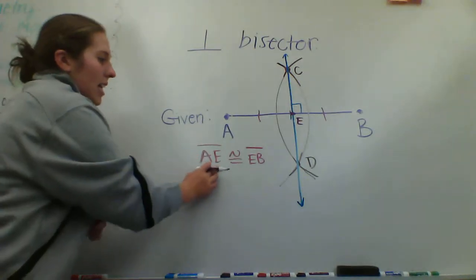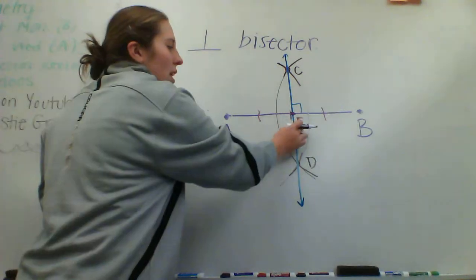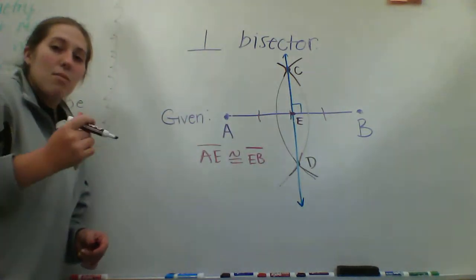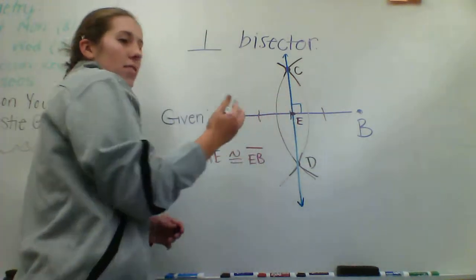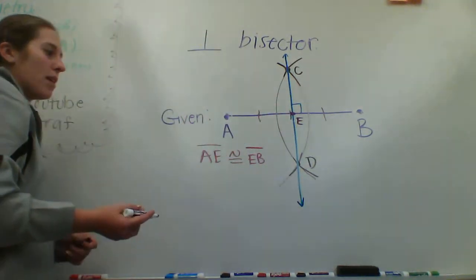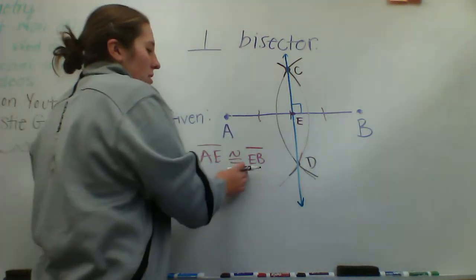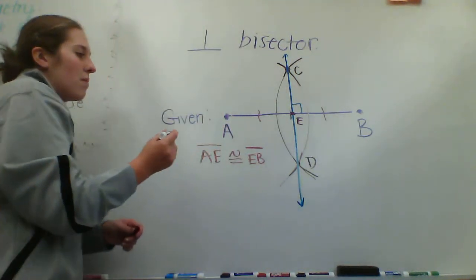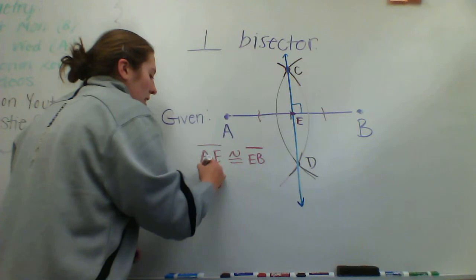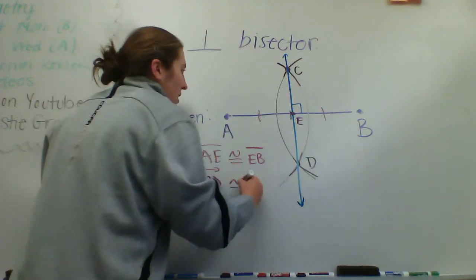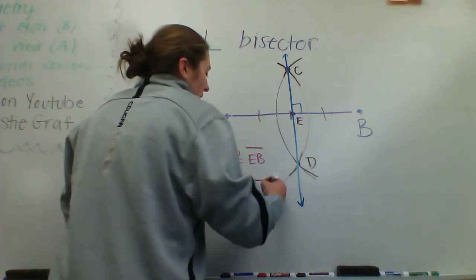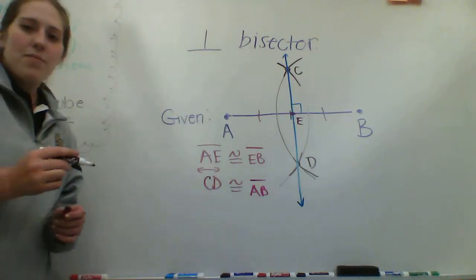And since AE is congruent to EB, we know this point E is the midpoint because the midpoint is the middle of a segment. So we know that E is the midpoint and that segment AE is congruent to segment EB. We also know that line CD is perpendicular to the segment AB, and we've got a right angle.